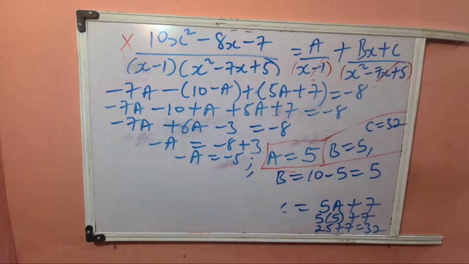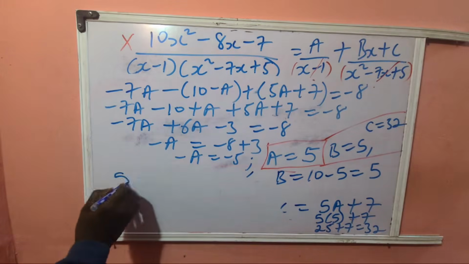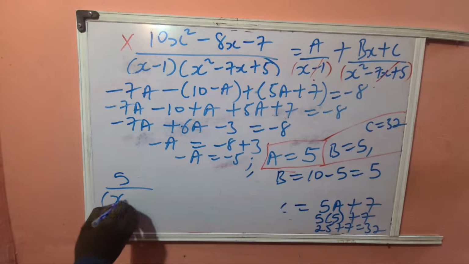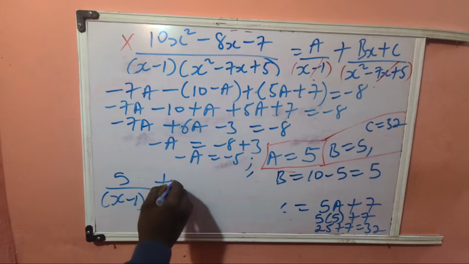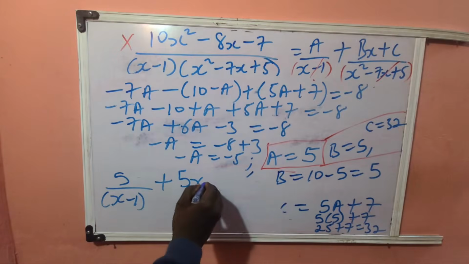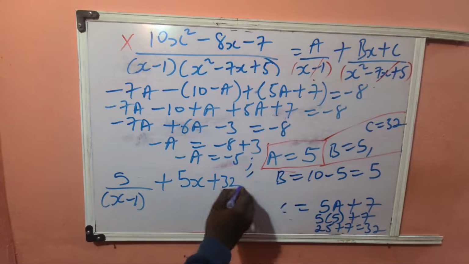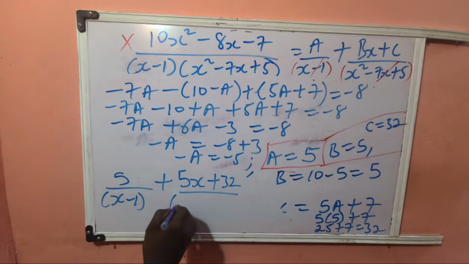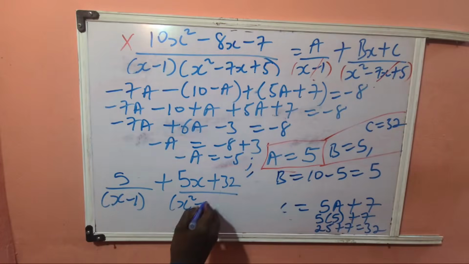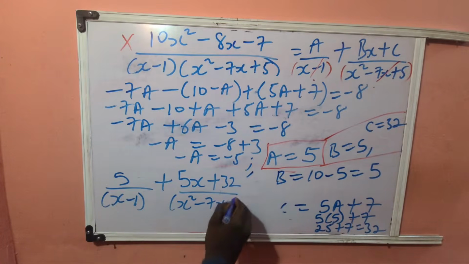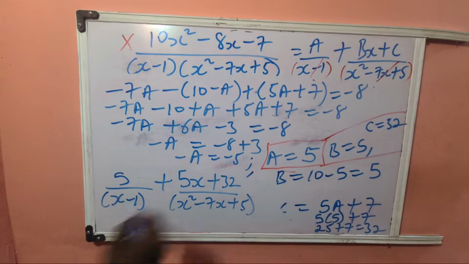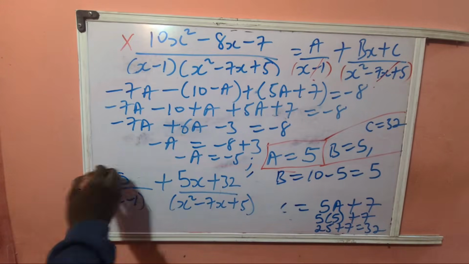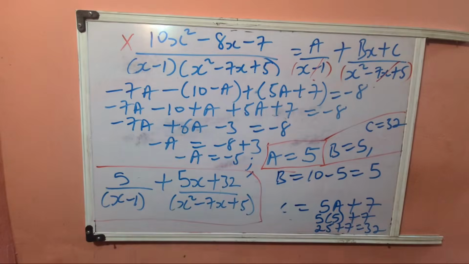So the form is going to be 5 over x minus 1 plus 5x plus 32 over x squared minus 7x plus 5. So please always try to put it in the form that you were told to put it in. This is the final answer. So that's how we solve these things.